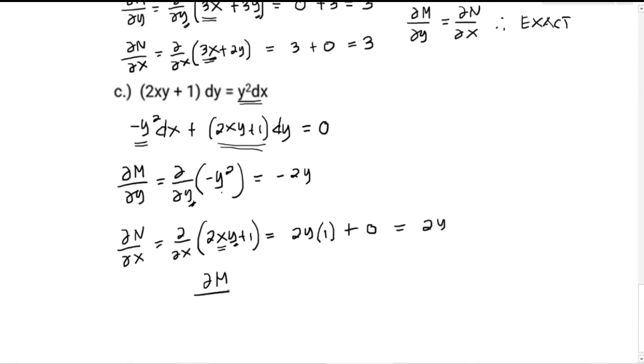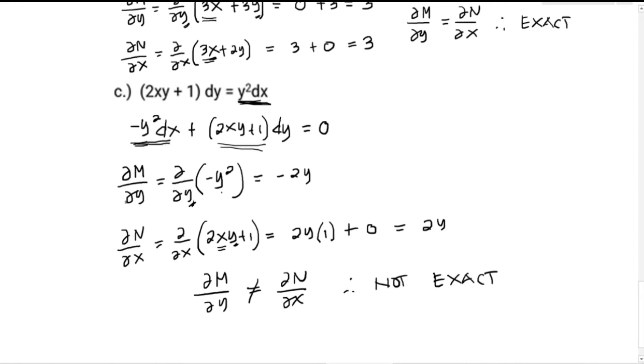As shown, our partial derivative of M with respect to y is not equal to our partial derivative of N with respect to x. Therefore, this is not exact. As noticed in this equation, if we did not transpose y squared dx to the left side, this is positive y squared.